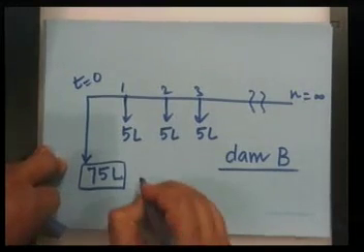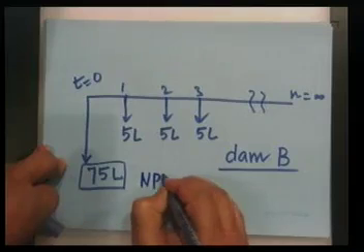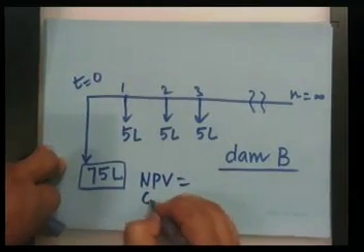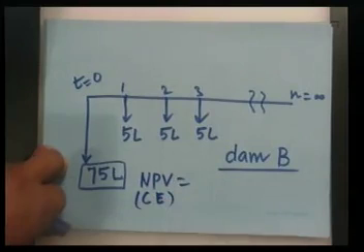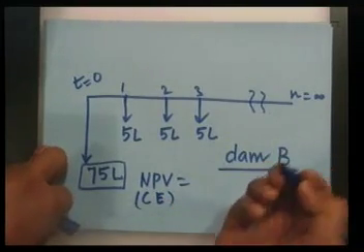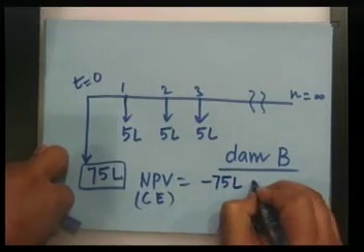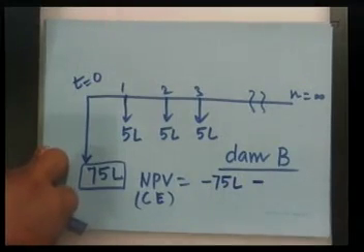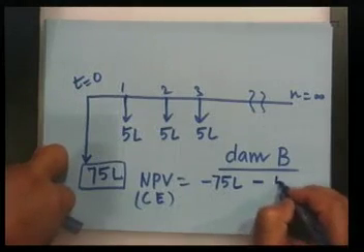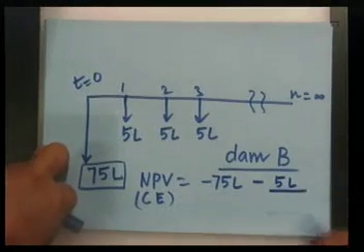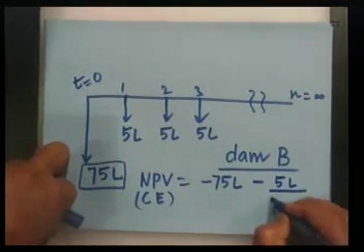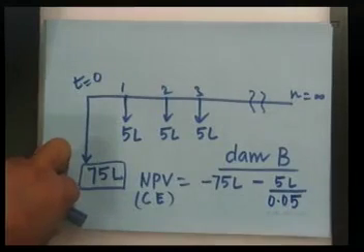right. So, the net present worth or net present value, in this case you can also write it as capitalized equivalent, CE, is, if you want to write negative, minus 75 lakhs minus how much? A divided by i. A is 5 lakhs divided by i, which is 5%, so it is 0.05, as simple as this.